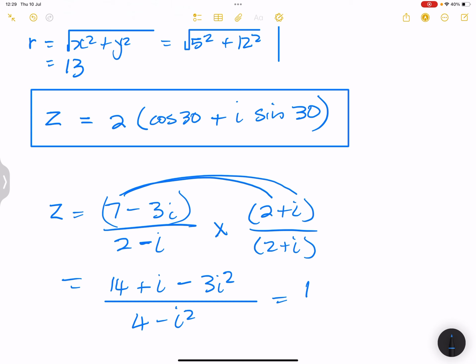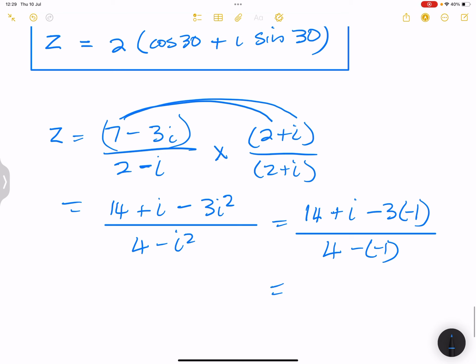Rather, what I'm trying to say is that we've got 14 plus i minus 3 times negative 1, and this is divided by 4 minus another negative 1. And so what do we end up with?